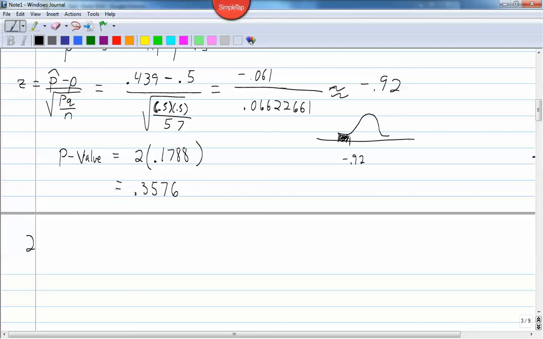So this is number 28. N equals 12, t equals negative 3.424, and we want to find a range of values for the p-value.